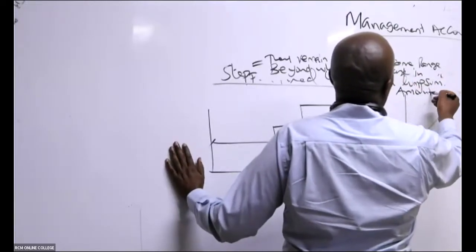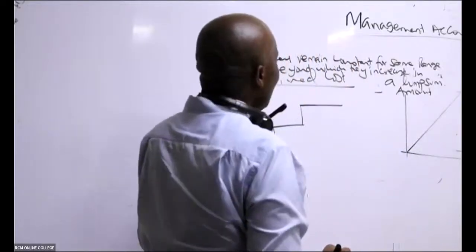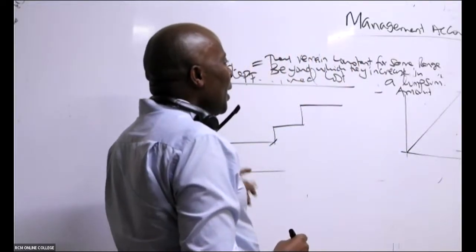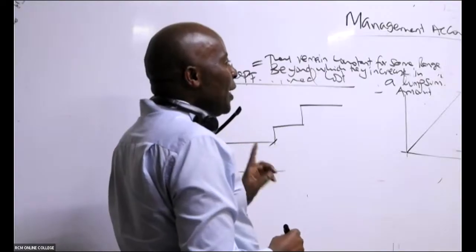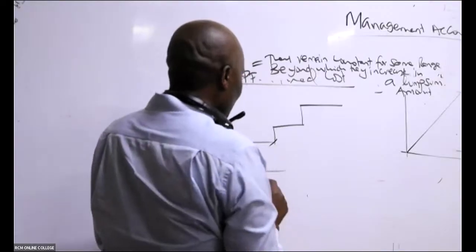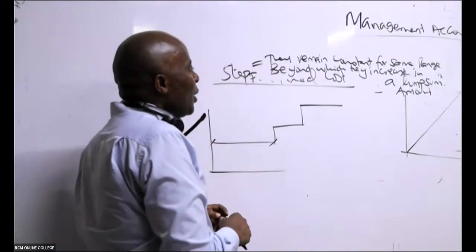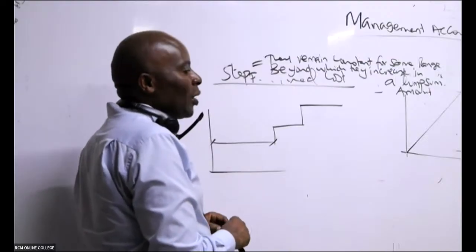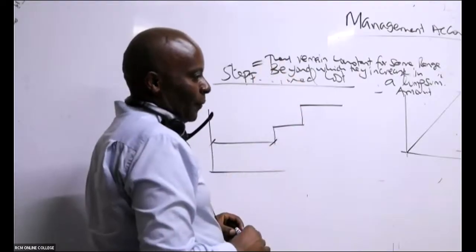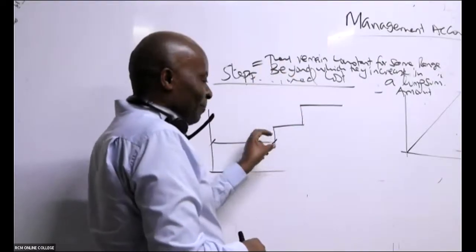A lump sum amount. Of course, I'm not finished writing that. They remain constant for some range beyond which they increase in a lump sum amount. So the lump sum is the step.